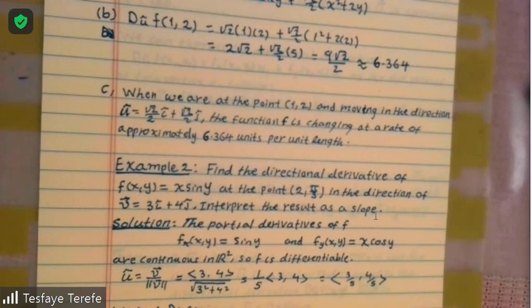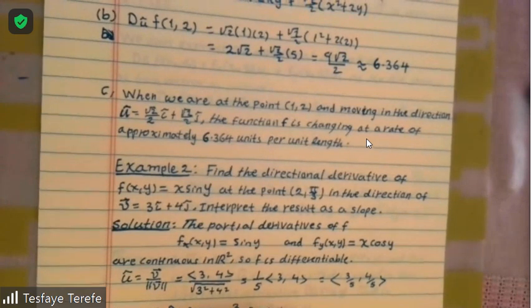Now the next one is we need to come up with a directional derivative. The directional derivative of f of xy in the direction of u is going to be, well, the x component, which is 3 over 5, multiplied by sine of y, plus 4 over 5, multiplied by x times cosine of y.